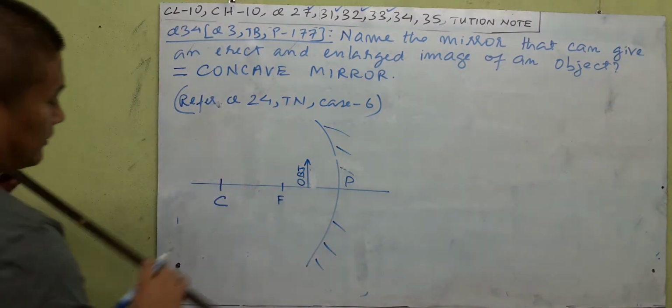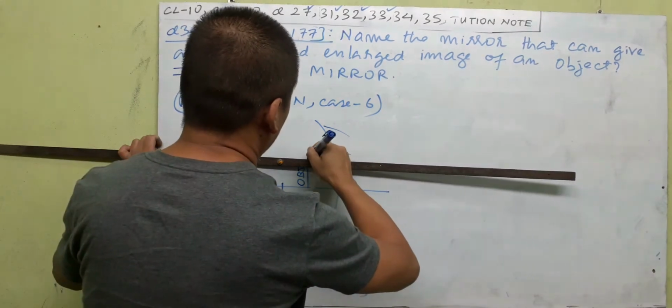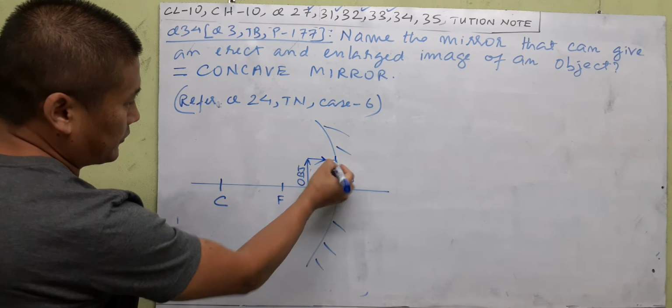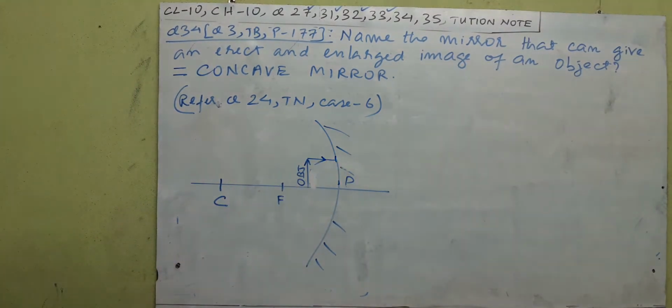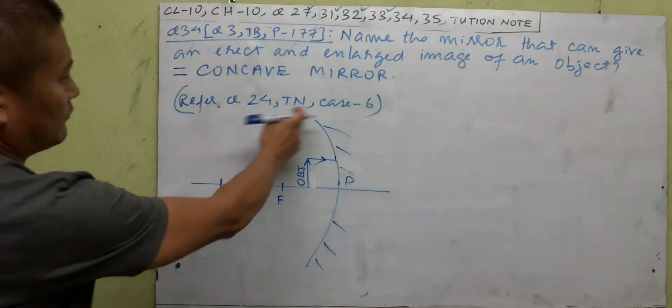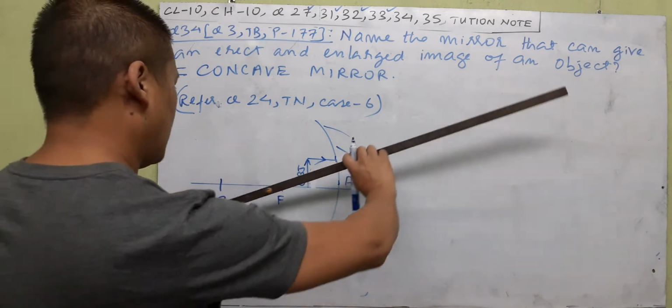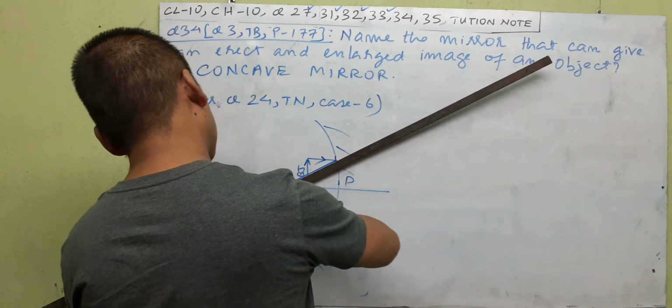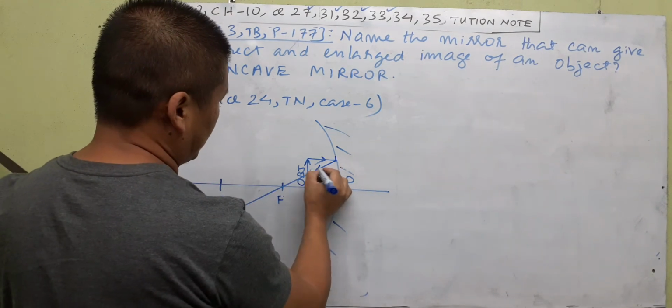Draw a ray parallel to the principal axis. We don't need to draw this, we are explaining, so just draw it for your own understanding's sake. We know the rule, a ray parallel to principal axis always goes to focus. This is the reflected ray.